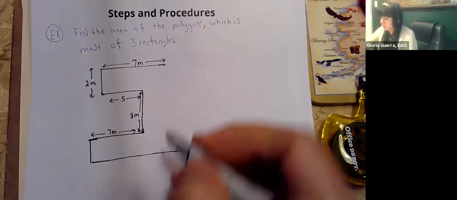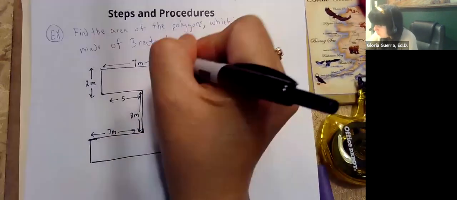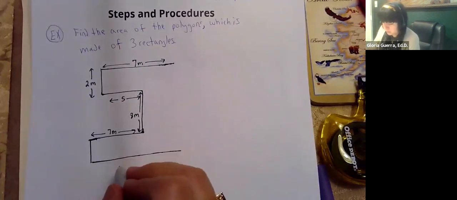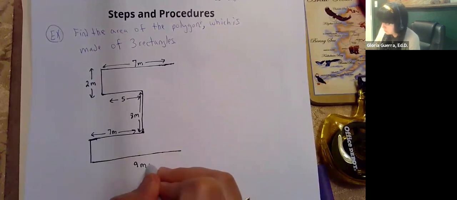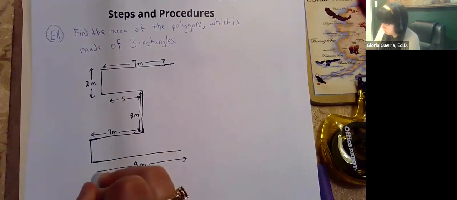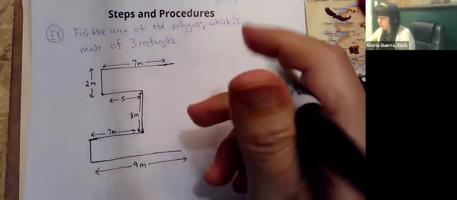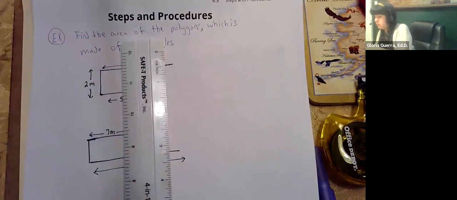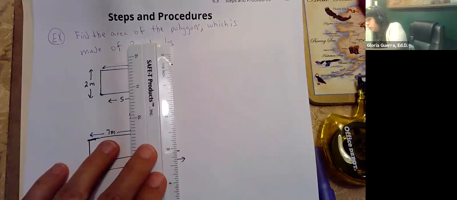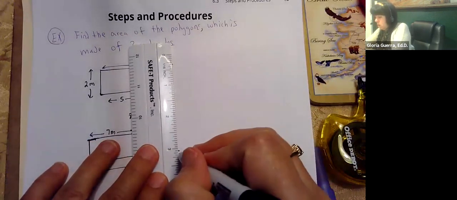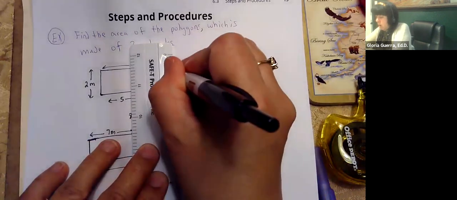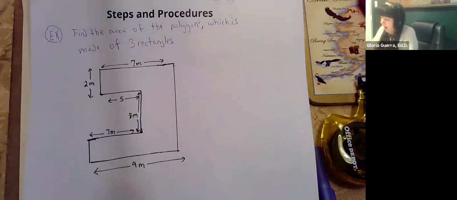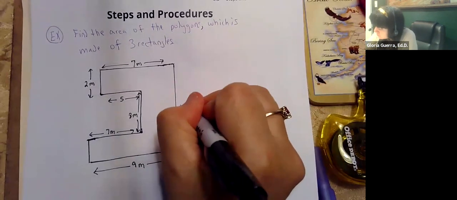It's about that same length. Okay, and then down here, this is going to be 9. And then we're going to go up to the top here. I guess I could use my ruler. It's kind of a long distance to go to the top. It's 12 meters.